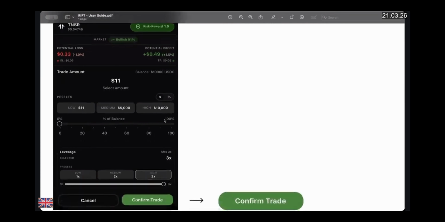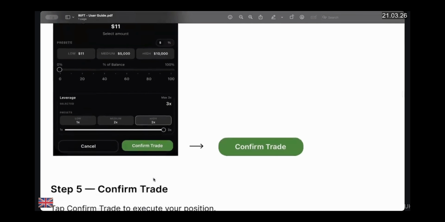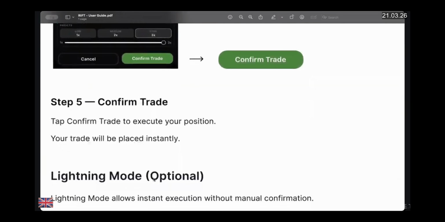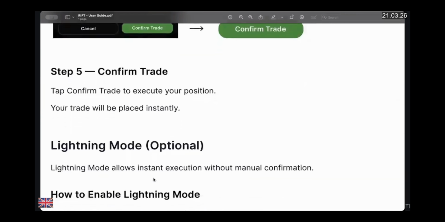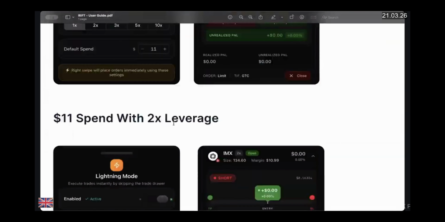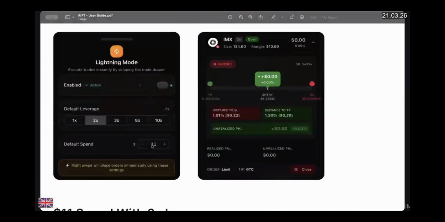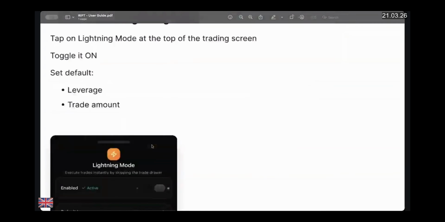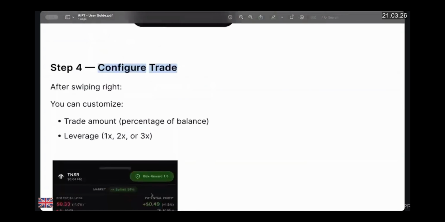On these grounds, you confirm the trade, and once you confirm it, your trade is executed instantly, and you will have a position that you can check with the third option in the app.